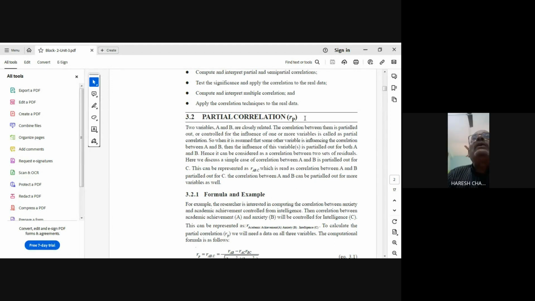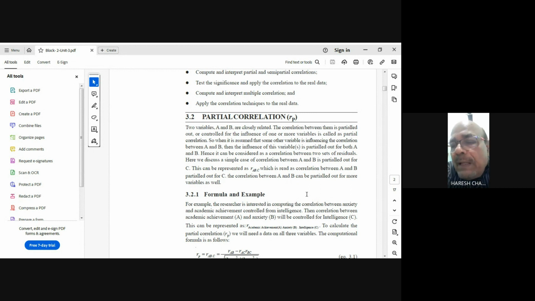Now, partial correlation. What is partial correlation? Two variables A and B are closely related. The correlation between them is parceled out or controlled for the influences of one or more variables, and is called partial correlation.